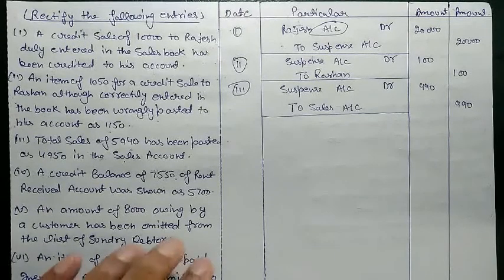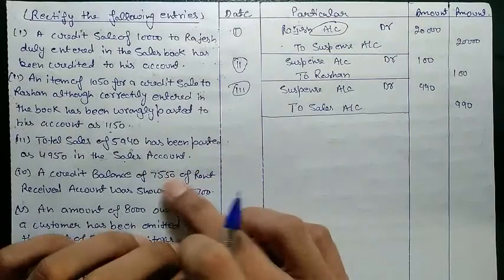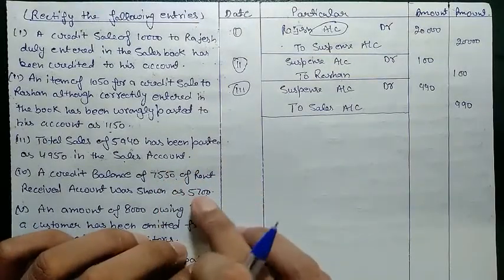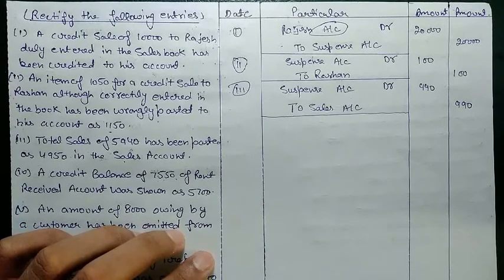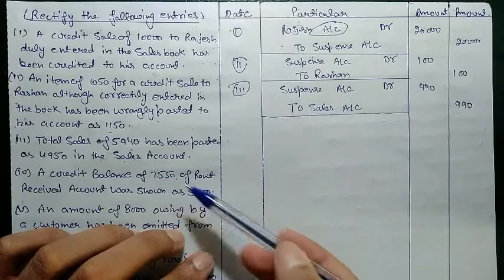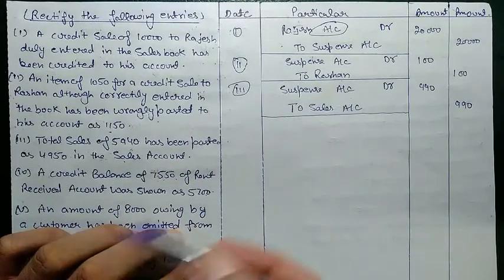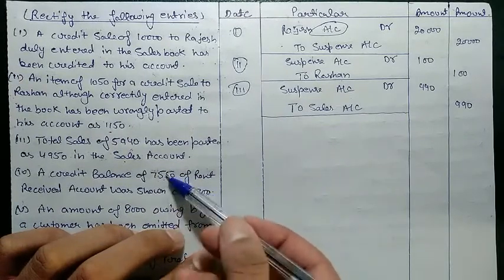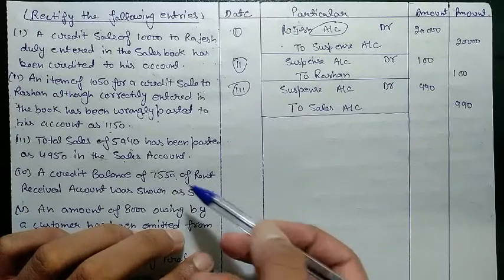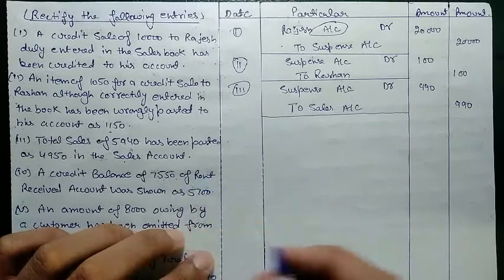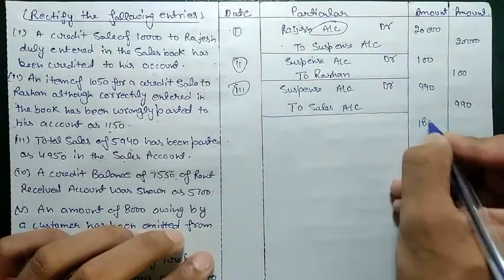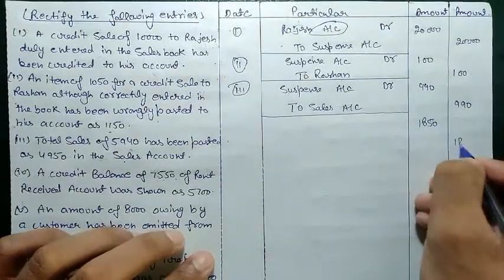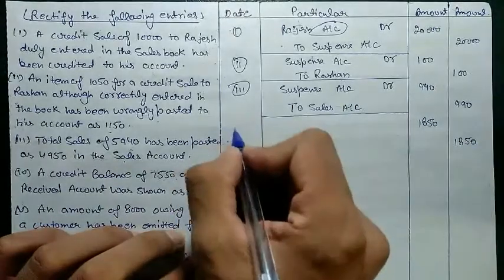But the credit balance we have is 7550, but it's showing 5700. So we have posted a less amount than the actual amount. Actual amount is this, so we need to credit by more, by the difference between these. The difference is 1850. We need to post the entry by the difference.